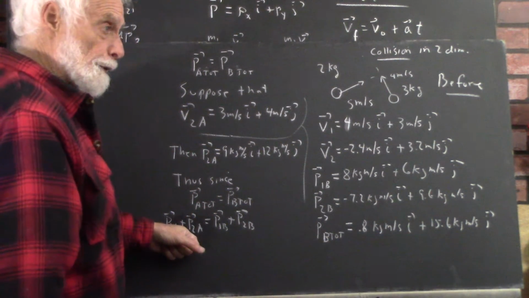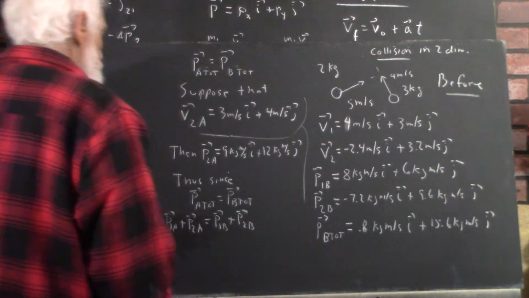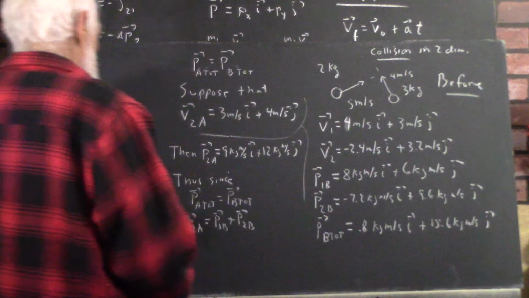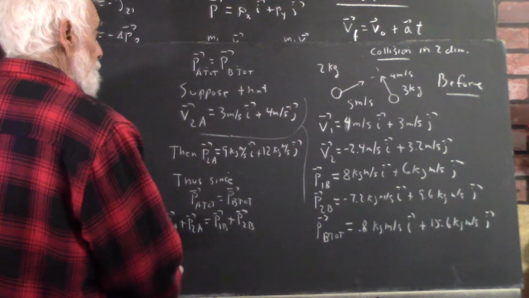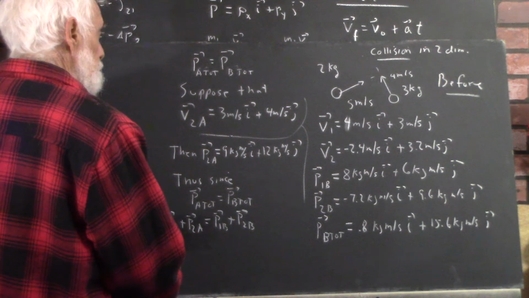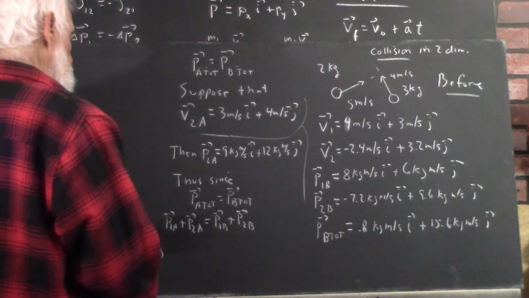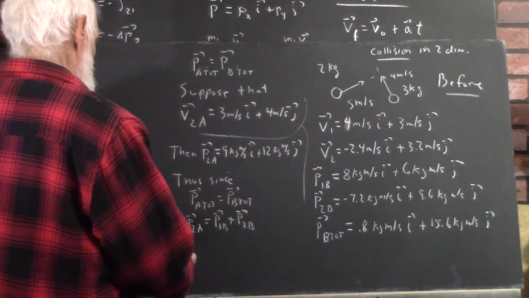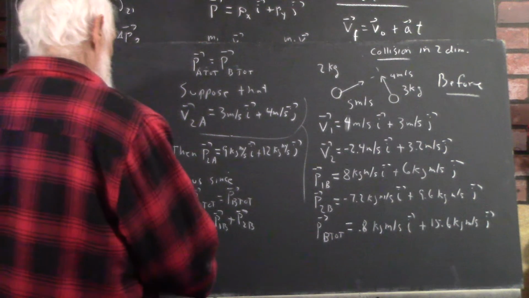P1 after plus P2 after equals P1 before plus P2 before. So the totals before and after are equal. So that P1 after is your mass of the first, which is 2 kilograms, times V1 after.